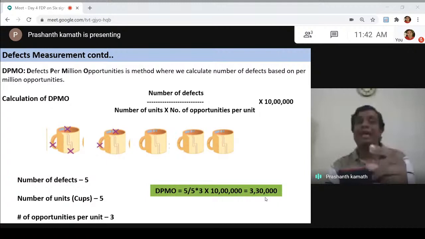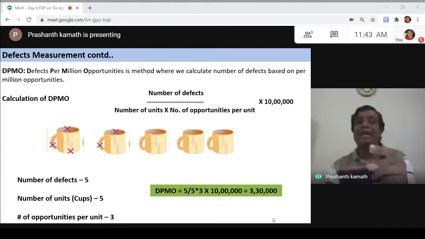That is what the inference is, right? So DPMO is nothing but an extension of DPO, where the output of the DPO, we multiply by 10 lakhs, or 1,000,000, and get a score.